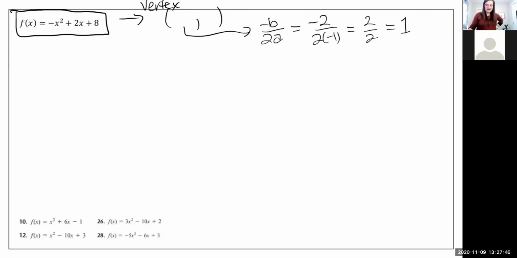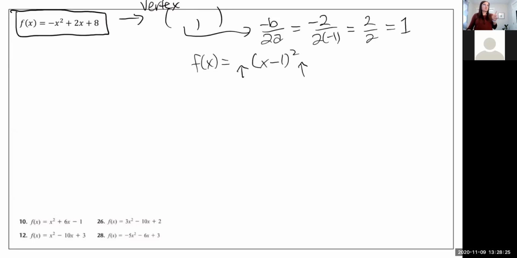So right away, I know that in my vertex form, I'm going to have, in this bracket, an x minus 1 because it's always opposite. But I don't know what that is, and I don't know what that is, right? So this is a check, like I know that it'll be a -1 in the bracket, but perhaps I want to do the full process to figure out the rest of the pieces.